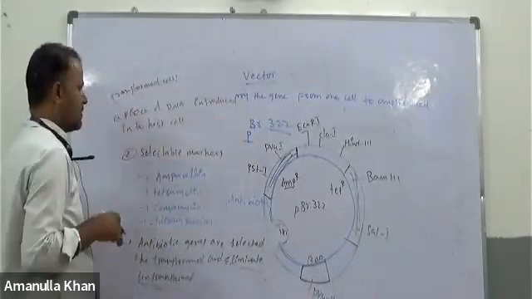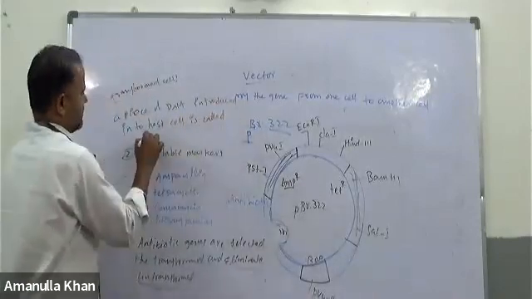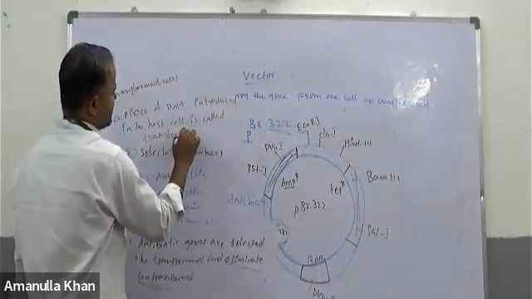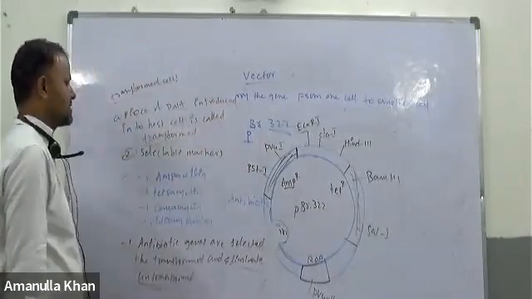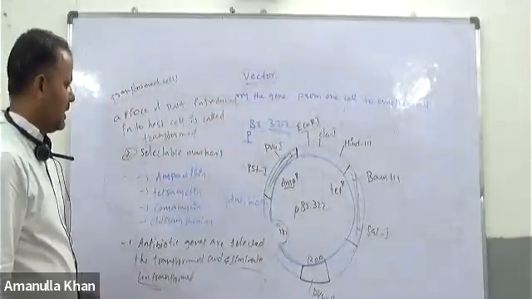That cell is called a transformed cell. These transformed cells are selected by what? These selectable markers, and they eliminate the others also.